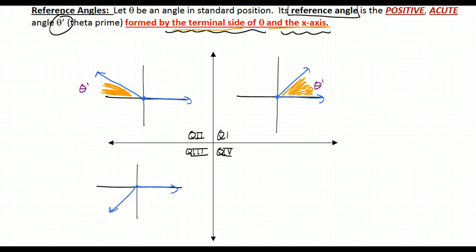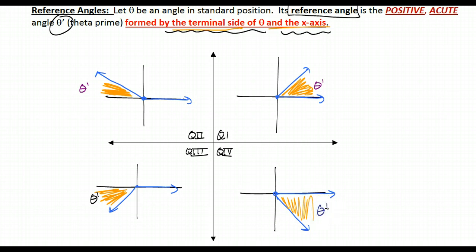And again, terminal side and the x-axis. And last but not least, in quadrant 4, here's my picture. Again, it ends in quadrant 4. And then my reference angle is with the terminal side and the x-axis.